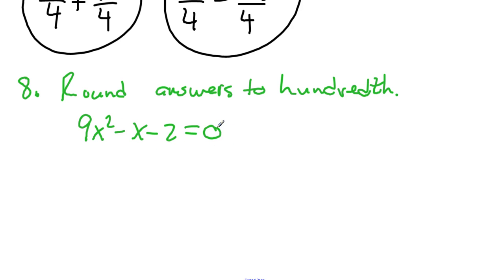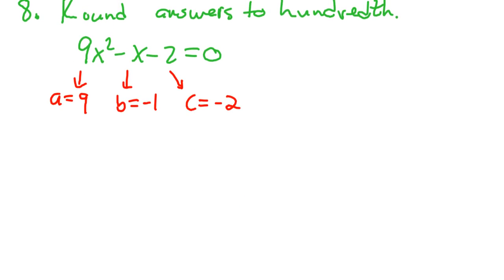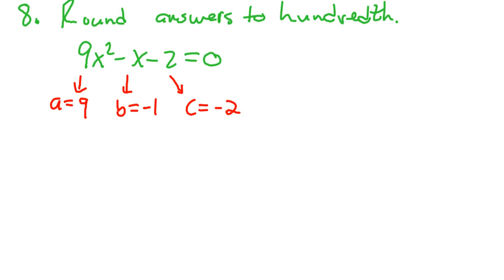So for this one, let's go with 9x squared minus x minus 2. And your ABC values for this one, A is 9, B is -1, and C is -2.